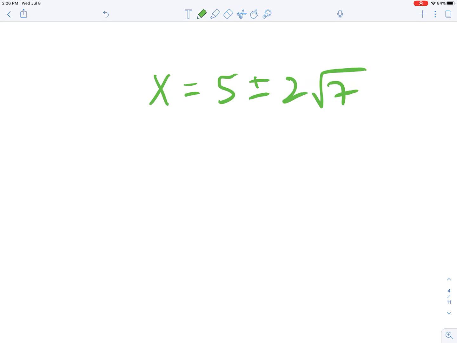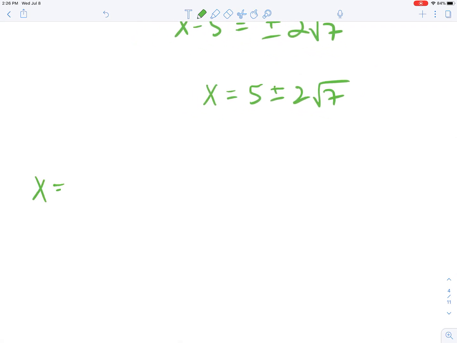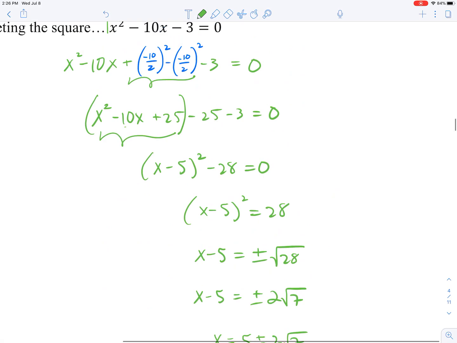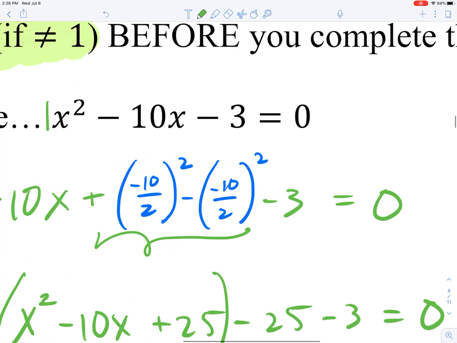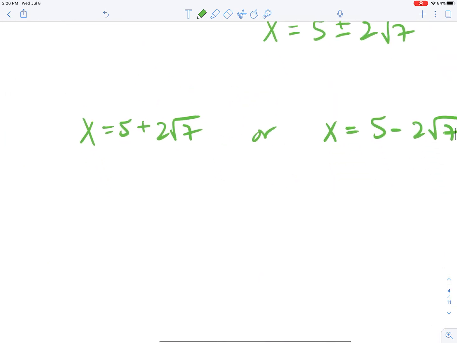Okay, and notice that I'm putting the 5 in front of the plus or minus. You want to put that value in front of the plus or minus. And that represents two different values: 5 plus 2 root 7 and 5 minus 2 root 7.